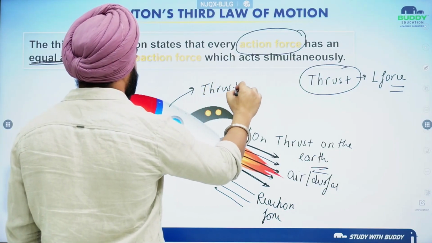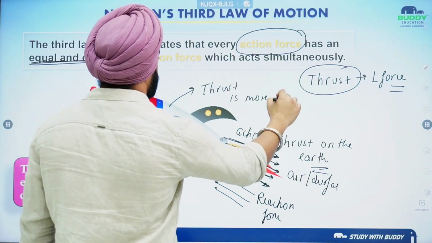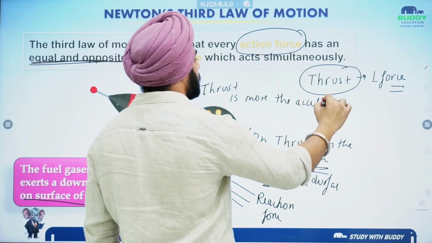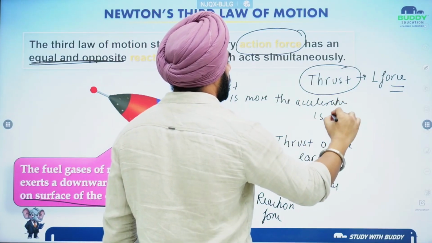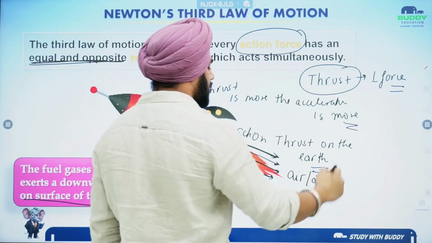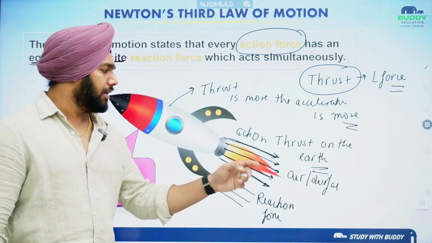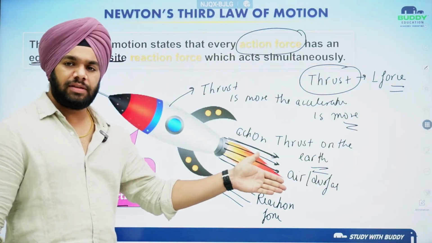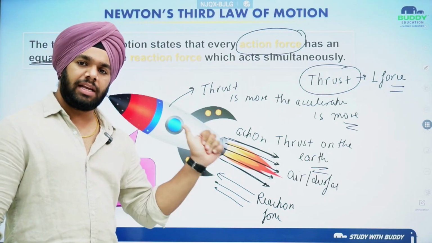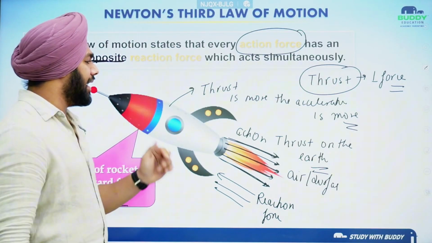Because the more force exerted by the rocket on the surface of the earth, the more the reaction and hence the more the acceleration.